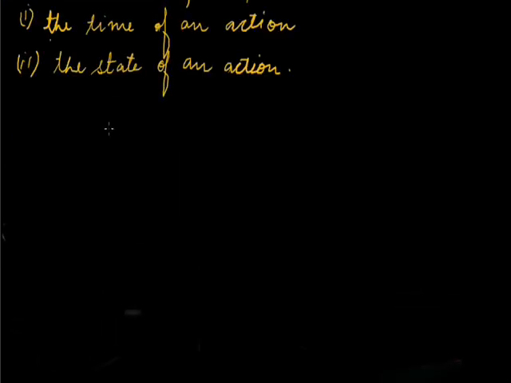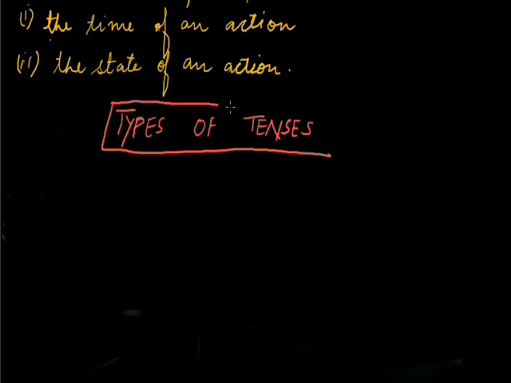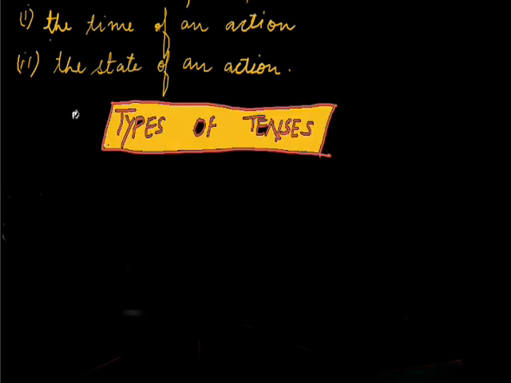In English, tenses are basically of three types. Number one, present tense.